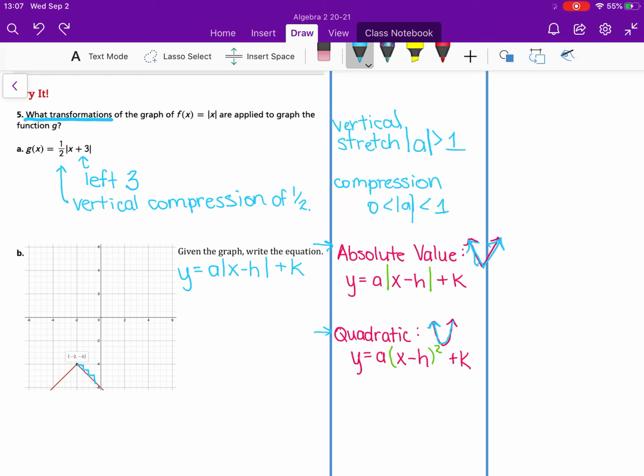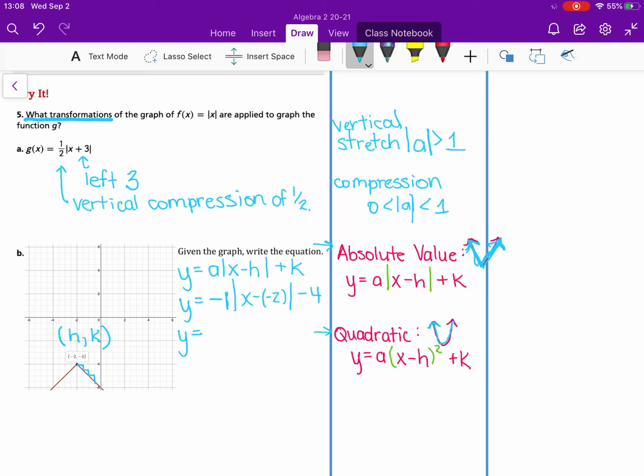So remember over here, my picture that I drew on top of is an up position. It is down. That means A is -1. All right. My vertex is H and K. So minus -2 and then -4.